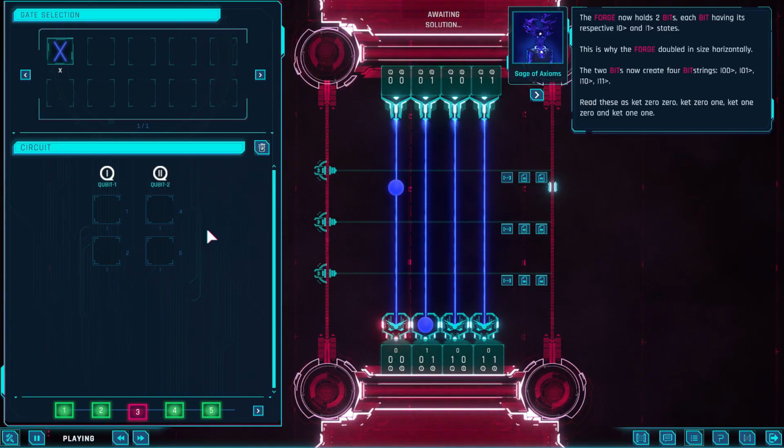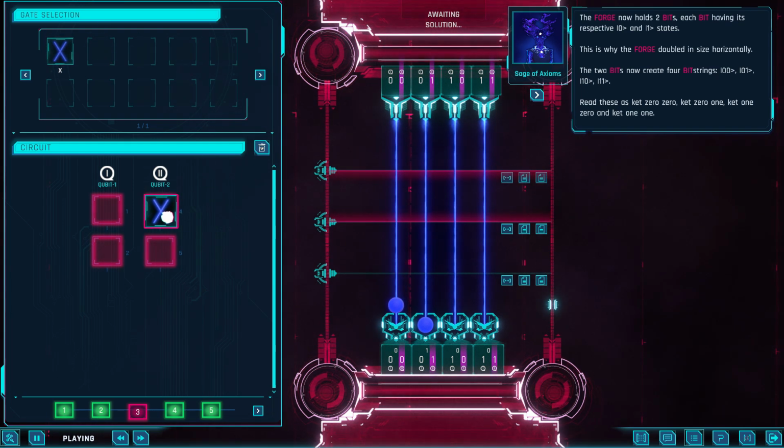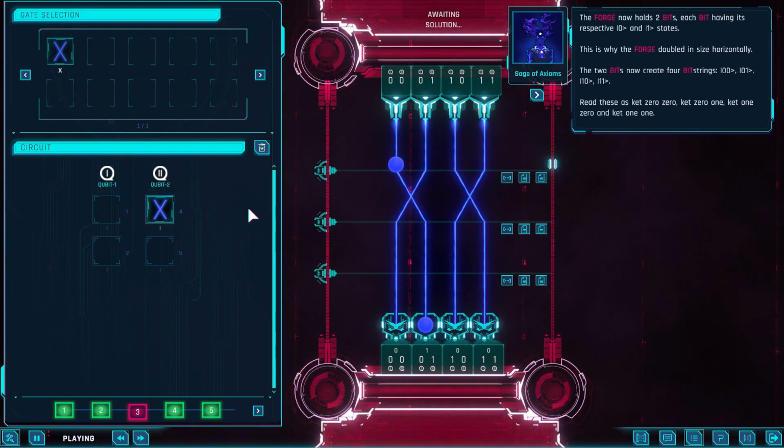So how do we flip the least significant bit? We do so by coming here and placing the X gate on the least significant bit. That's the bit we want to have flipped. So we place that there and notice what happens. Now, this changed from ket 0 to ket 0, 1. And that is the answer to the solution.